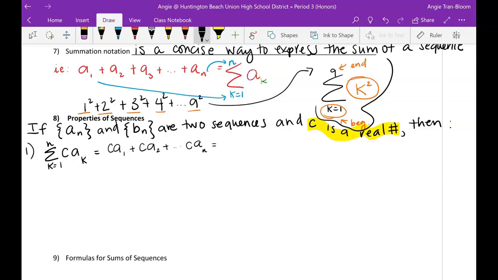That is the same as taking out your c, because they all have c in common. It's just that real number.